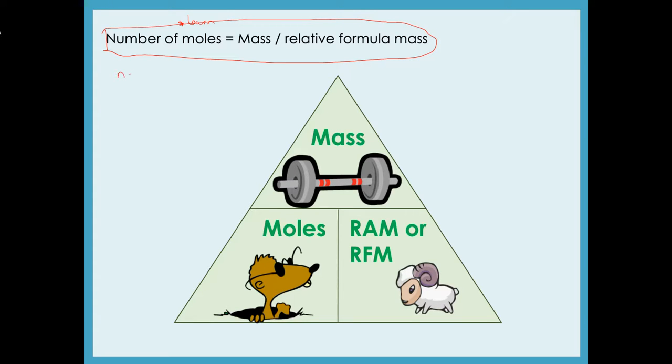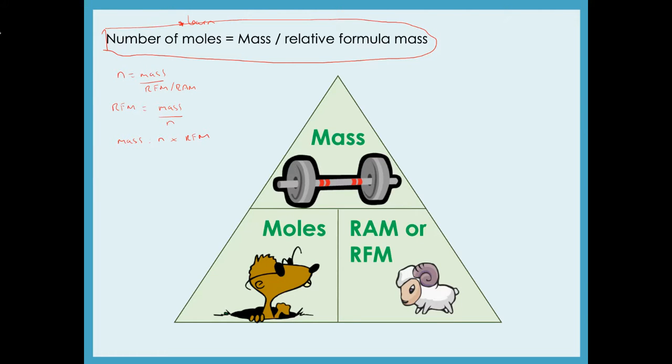So we've got number of moles is mass over relative formula mass. If it's a compound, we use relative formula mass. If it's an element, then we'll use relative atomic mass. So we need to be able to rearrange this. So relative formula mass would be the mass over the number of moles. And if I want the mass, that would be the number of moles times the relative formula mass.